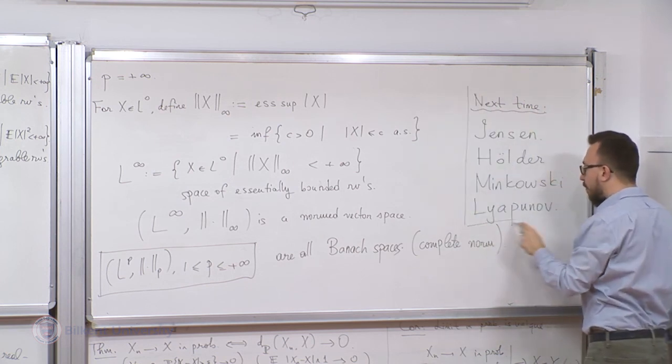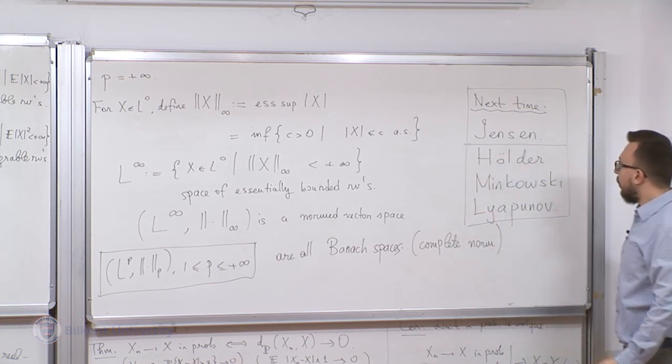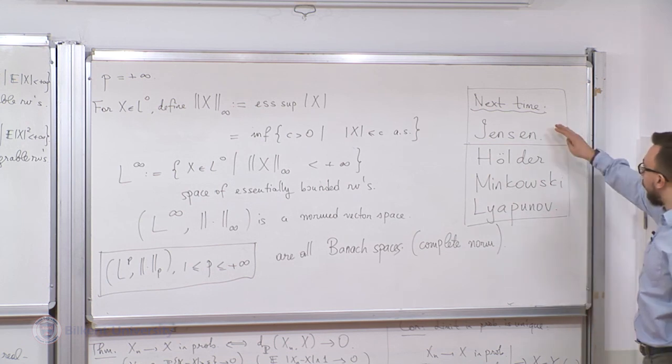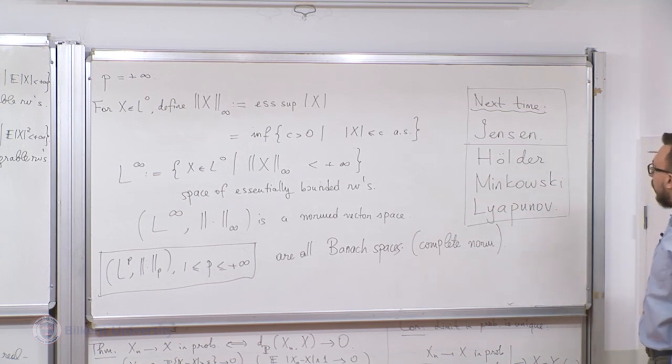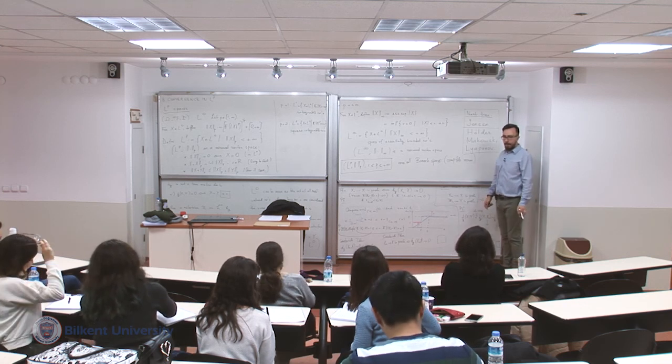We're going to start by proving the first one, and then the rest are going to be just consequences of Jensen. Okay? So let's stop for today. Okay, thank you.